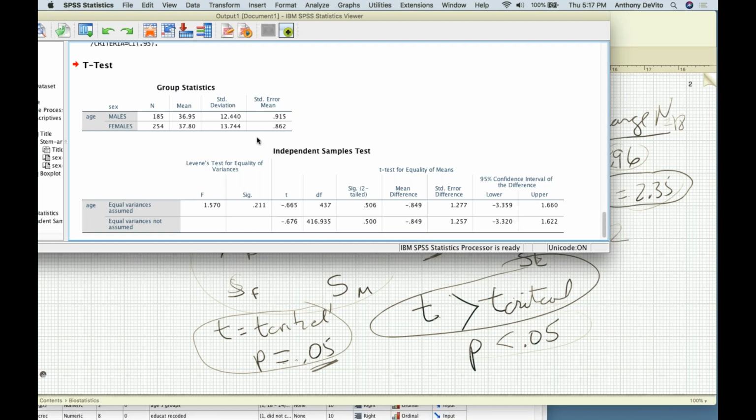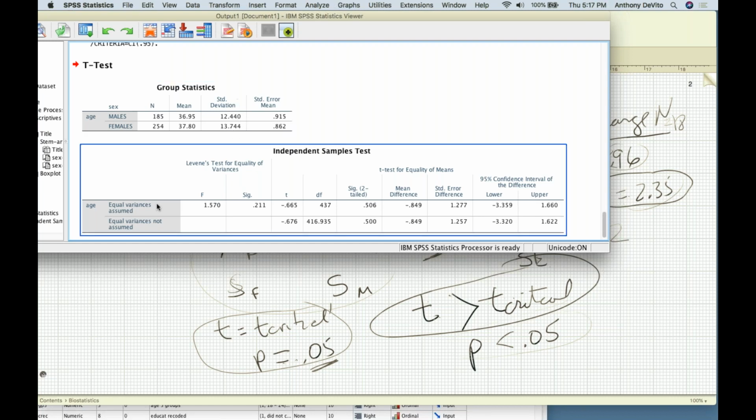Now, had the variability been different, and one was double the other, we would have used the row below it. In this case, there's a tiny difference in the t-score, and there's a difference in the degrees of freedom. There's a really complicated formula to calculate degrees of freedom for unequal variances.